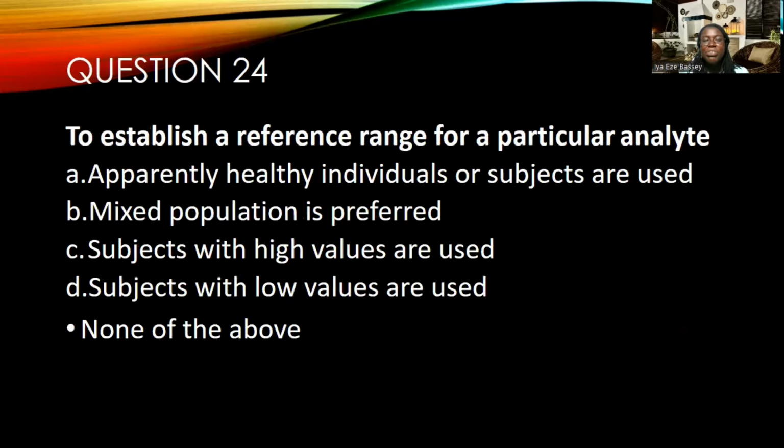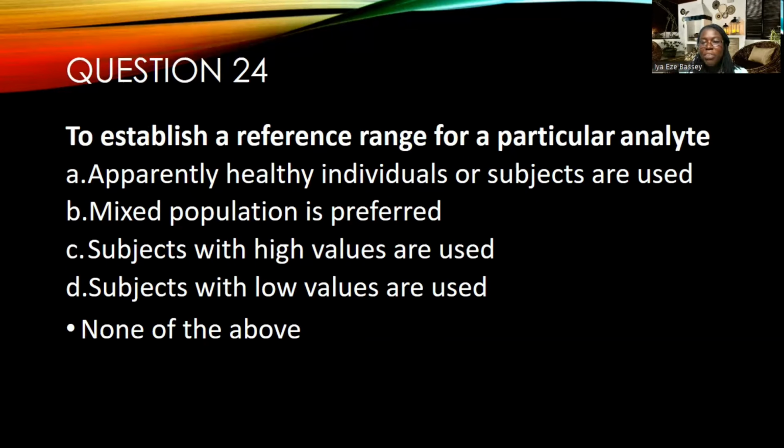To establish a reference range for a particular analyte: A, apparently healthy individuals or subjects are used; B, mixed population is preferred; C, subjects with high values are used; D, subjects with low values are used; E, none of the above. Usually, a reference range is the range of a parameter for healthy people.